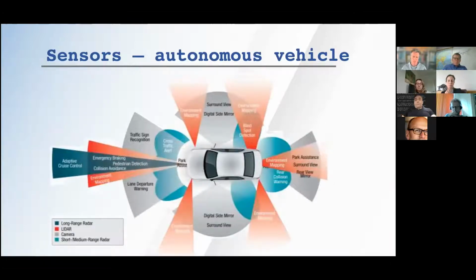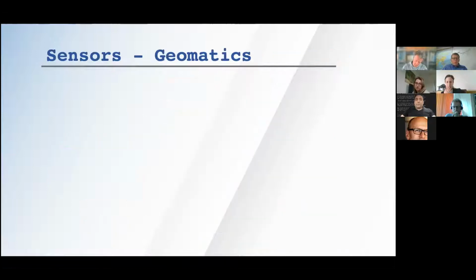Or I'm sure you have heard about the autonomous vehicle, the self-driving cars. It's an example of the integration of sensors. In the self-driving car, there are many types of sensors like radar, LiDAR, even cameras. These kinds of sensors are integrated together to make it possible for the car to be self-driving.